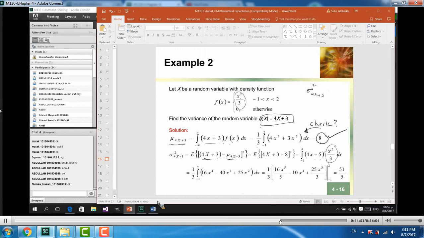Do you know how did they find the square here? Again, if you remember in the course M129, if you have a plus b square, this equals what? The square of the first, the square of the second, plus 2 the first multiplied with the second. مربع الأول مربع الثاني 2 الأول في الثاني. You cannot say it is a square b square. لا, it is a square b square plus 2ab.